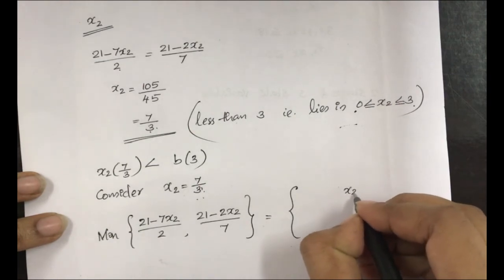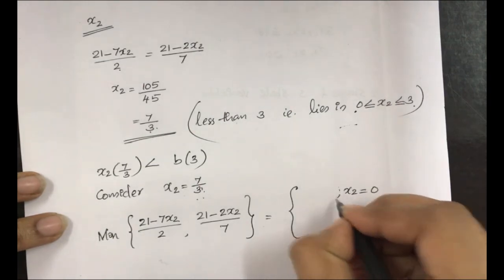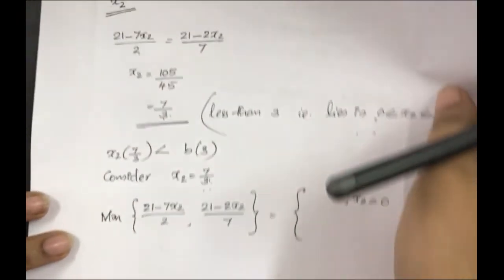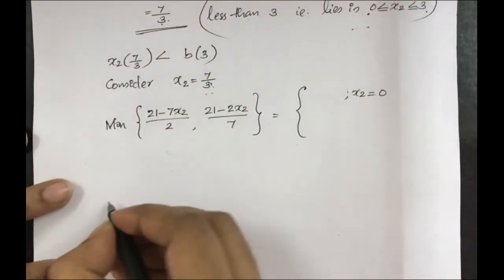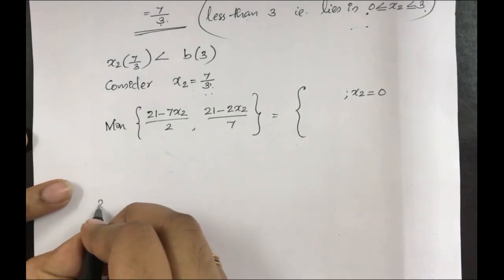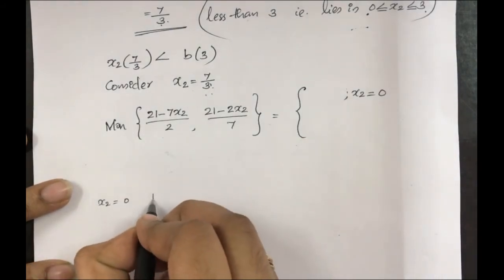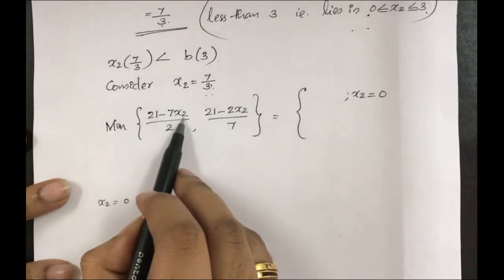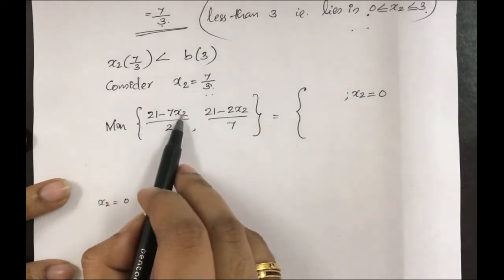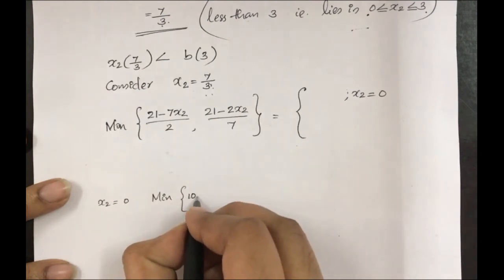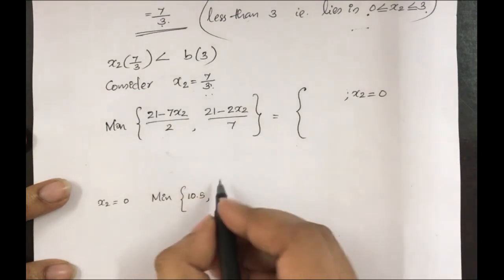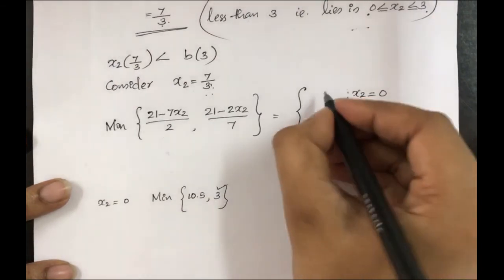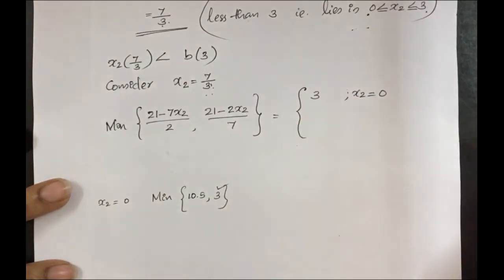I will write the values here for your ease. When x2 equal to 0, minimum of 21 minus 0 by 2, that is 10.5, comma 21 by 7, that is 3, which is the minimum value 3. So when x2 equal to 0, the value of the function is 3.